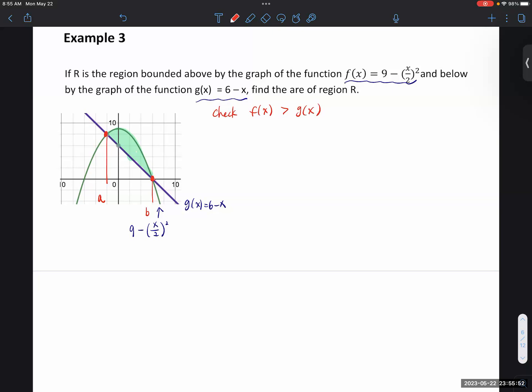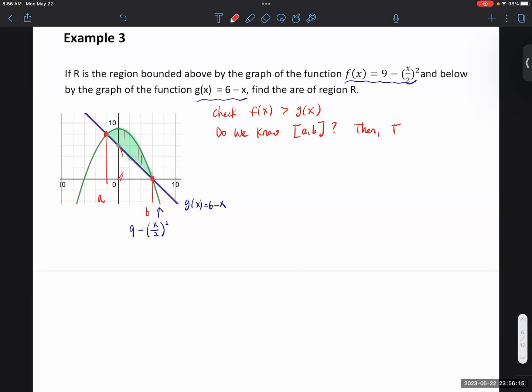When x is 0, just look at any random point, the green is higher than the purple. So definitely the quadratic is always higher than the purple. So we're good. Do we know a to b? No, we don't know.